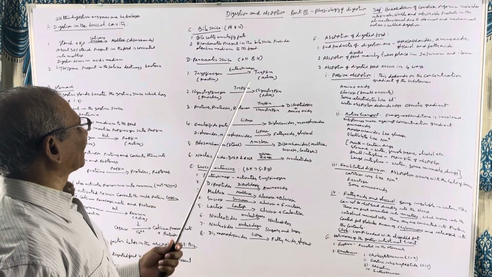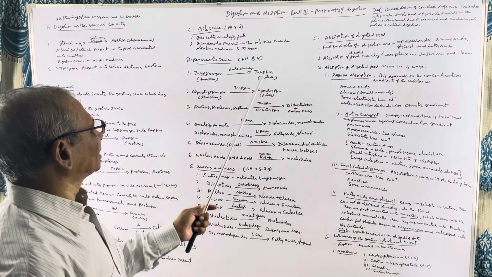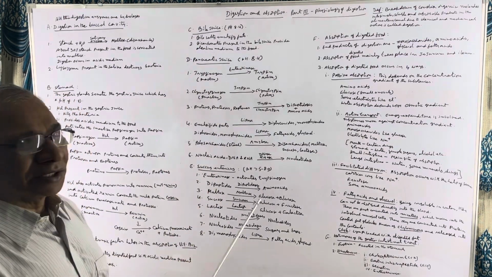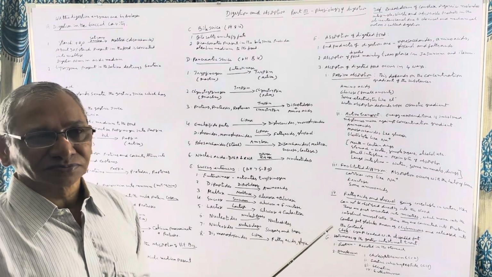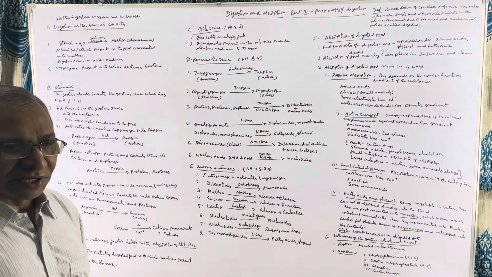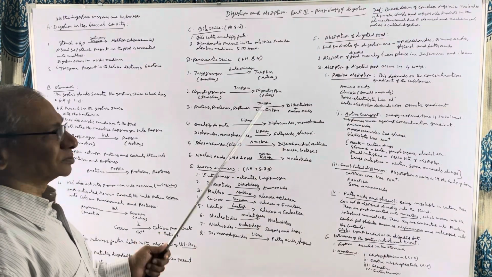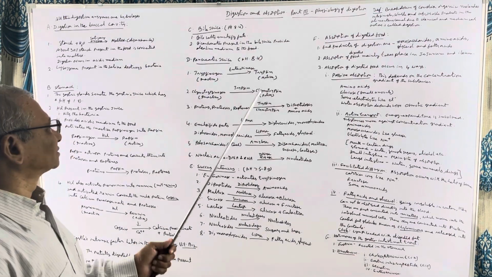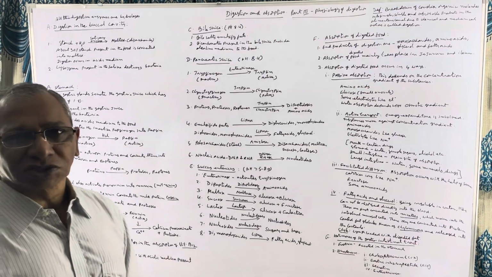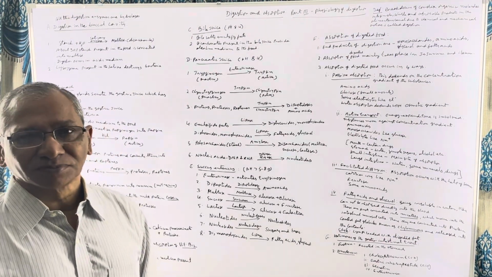Then coming to the pancreatic juice. Its pH is about 8.4, just like bile juice. It has a number of enzymes. They act upon all the three types of food materials, that is proteins, fats and carbohydrates. First, trypsinogen. Trypsinogen is also an inactive enzyme.